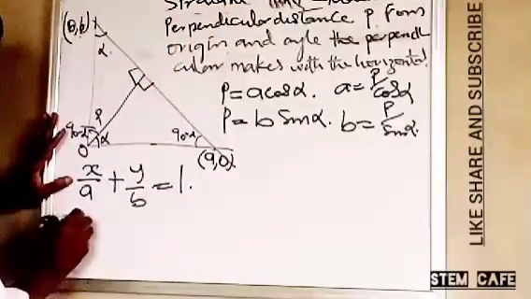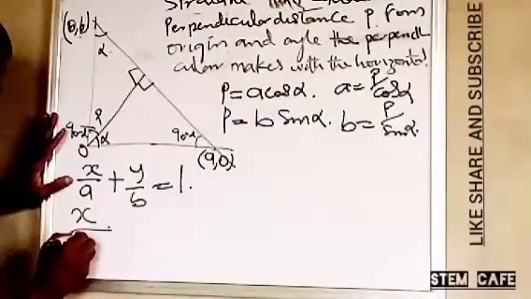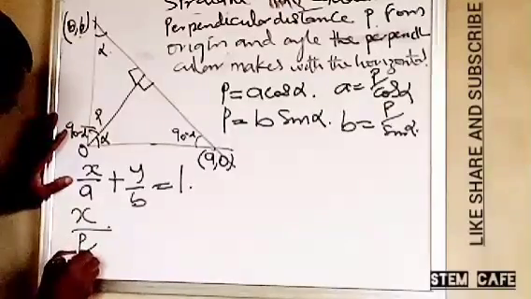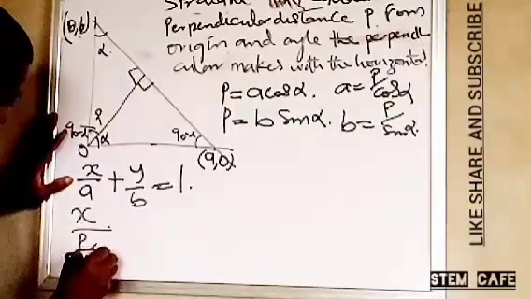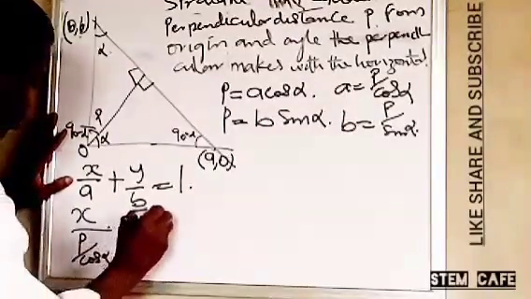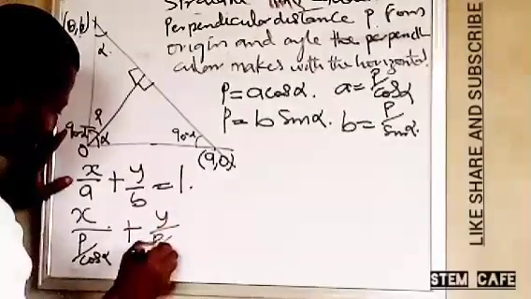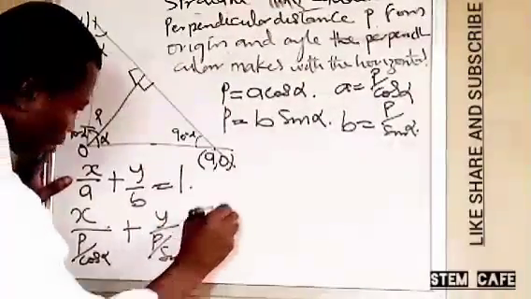Therefore, x over p plus y over p is equal to 1.